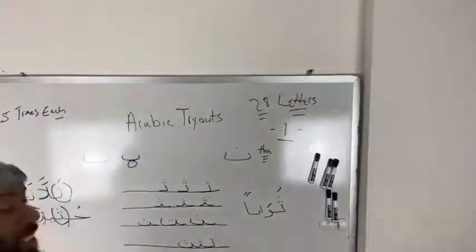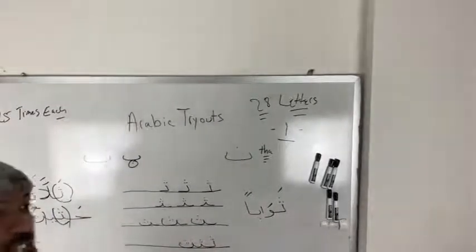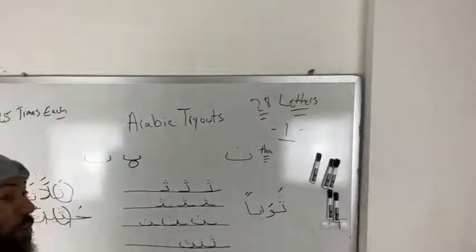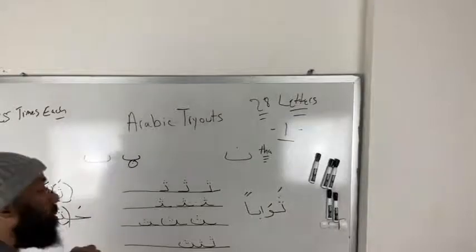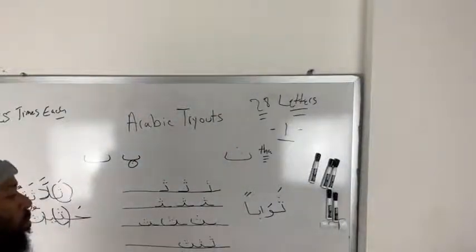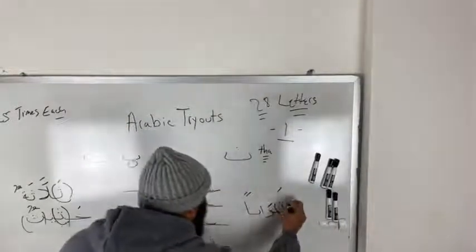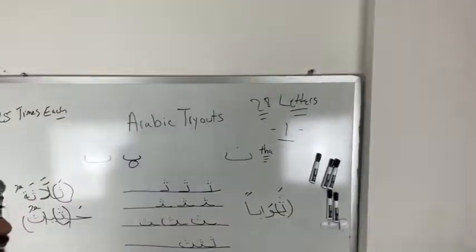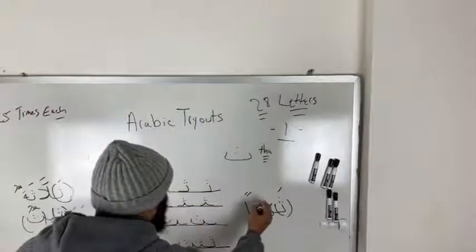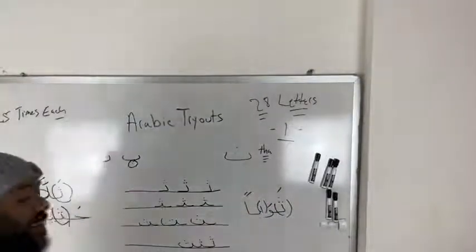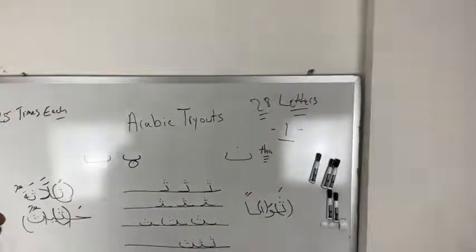But even if you don't know the word, you can't read the word, that's not our focus. Our focus is on the letter. What letter is this? We know that this is a beginning tha. What letter is this? We know that this is an Aleph. We can point that it's an Aleph.